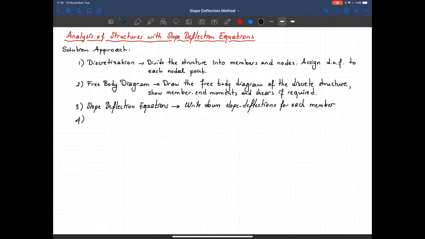The fourth step is the equilibrium equations. Use the free body diagram and write down the equilibrium equations.